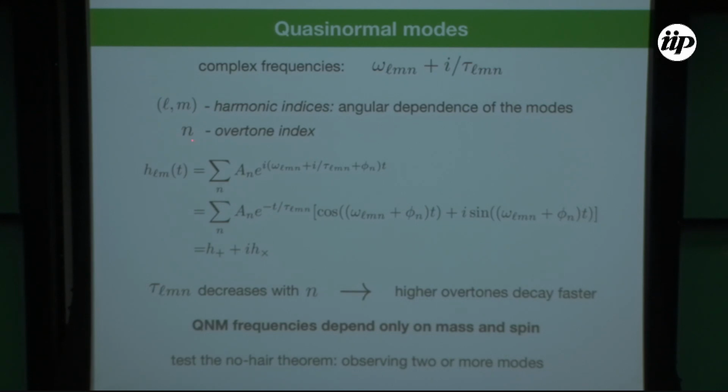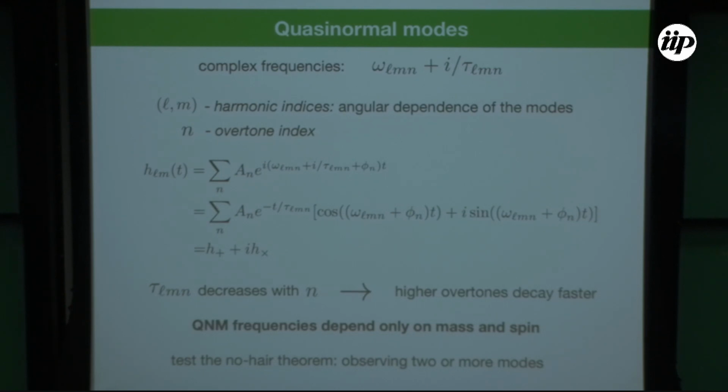And the N index is what we call the overtone index, which is similar to the overtone index of normal modes. So for every harmonic mode, we can write the gravitational wave as a linear combination of the waves for each normal mode. So we have here the frequency that depends on the harmonic indices, and the N index, which is the overtone index.